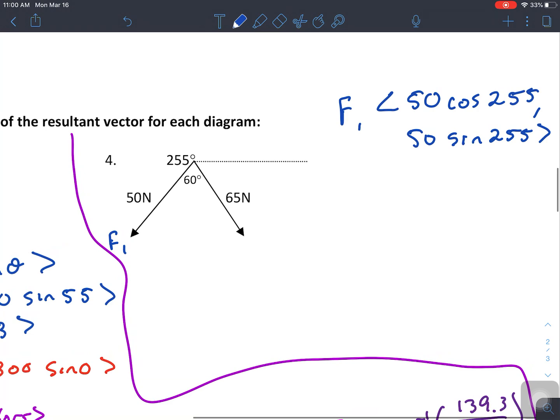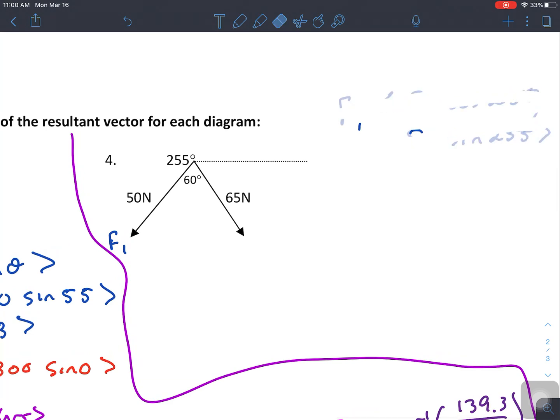I apologize, I'm not writing very small like I normally do, so I'm going to do that one more time. Okay, so force 1, 50 cosine of 255, 50 sine of 255. We always want to think about standard position for this. We want to think about going counterclockwise.